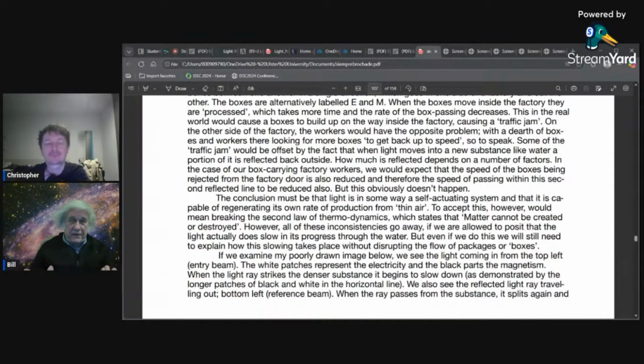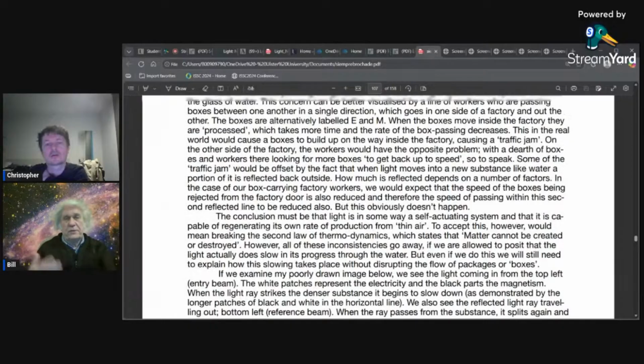Where's the energy coming from? And so the explanation is that it receives energy from incoming photons and it spits them back out. So you have a factory in that sense, where you receive and you send out, you receive and you send out. That's the way they look at photons inside an atom, how it's produced. Great.